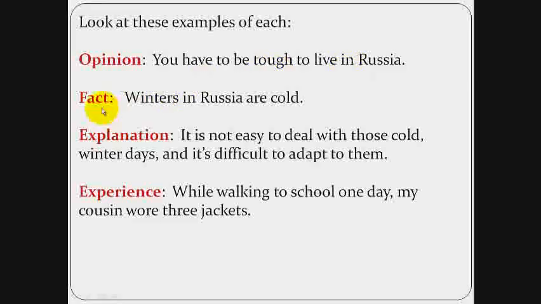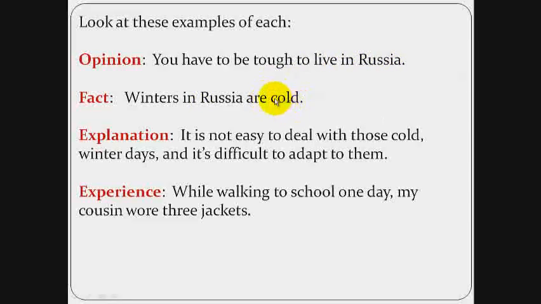So reason one is a fact. So this fact is saying what? Winters in Russia are cold. Oh, winters in Russia are cold. This is a fact. In the winter time, the climate or the weather in Russia is very cold.